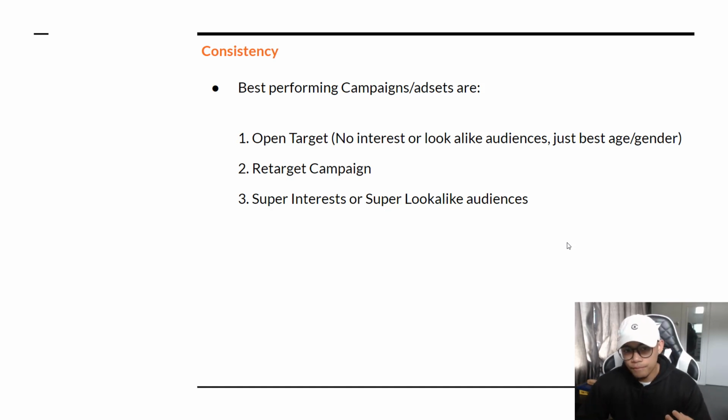For example, if your best lookalike audiences were 1% purchase and a 2% ATC and a 5% view content, you would want to put that in a single ad set. So there's going to be 3 audiences in a single ad set, okay? And you're going to call that your super lookalike audiences.